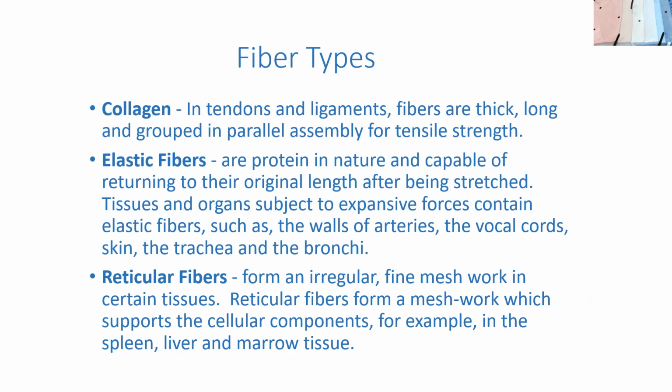We can do strange things to our ears and they snap back, just like our skin. It's all elastic. And then I said the reticular fibers are the mesh that holds things together. Some of our organs are nothing but reticular fibers. They're very squishy and it's hard to repair them when they're damaged.